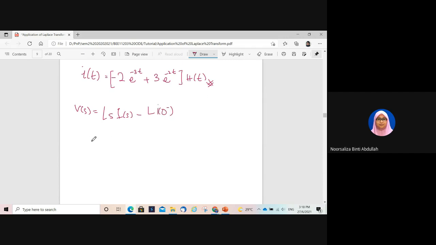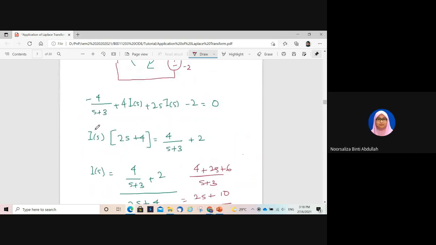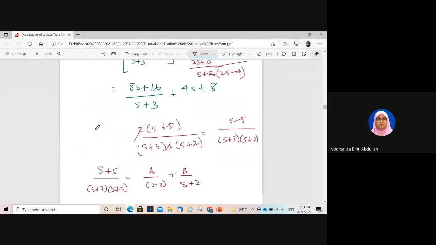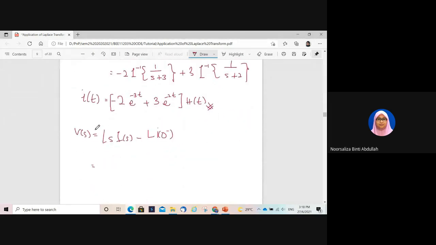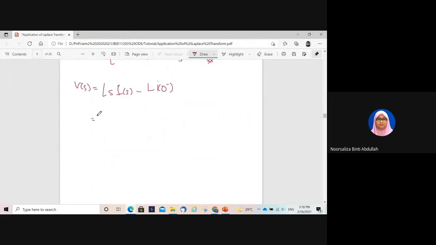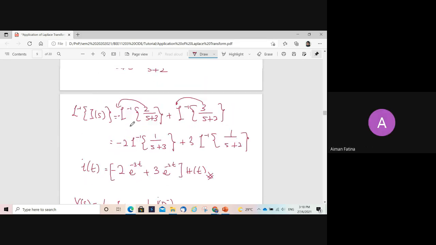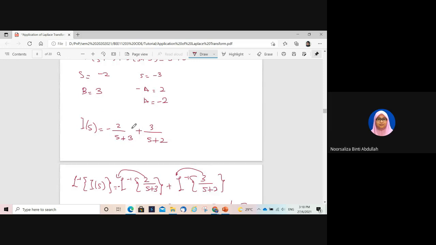Apa nilai L awak tadi? 2. So L is 2S IS minus 2. I0 1 kan?